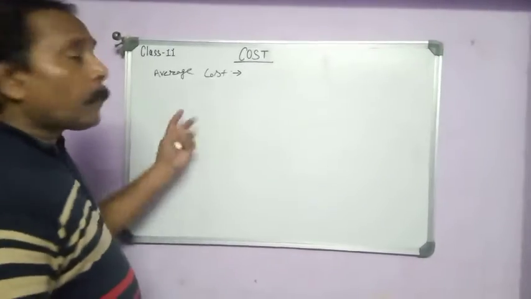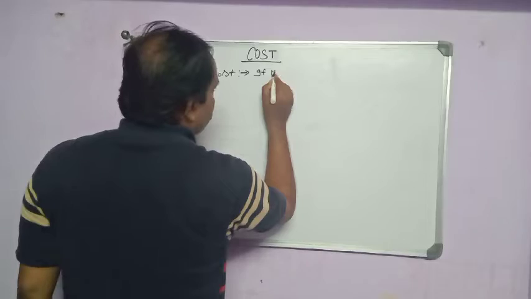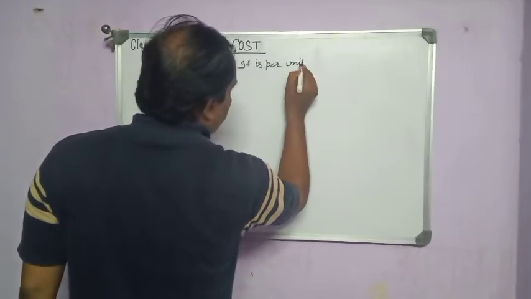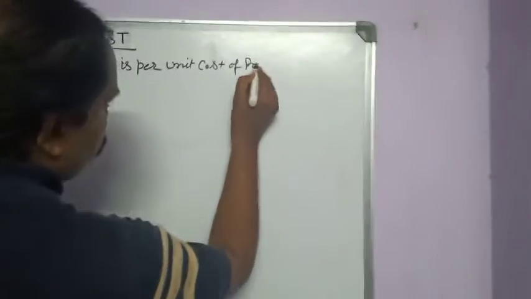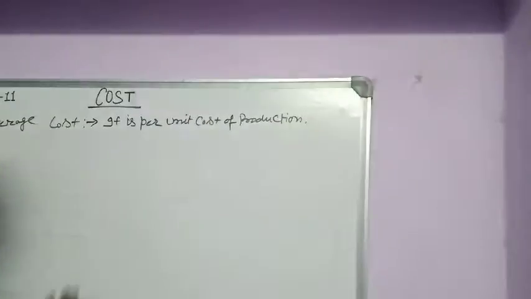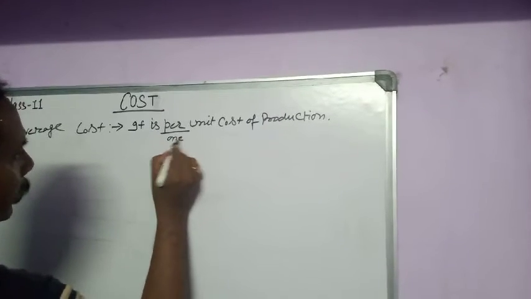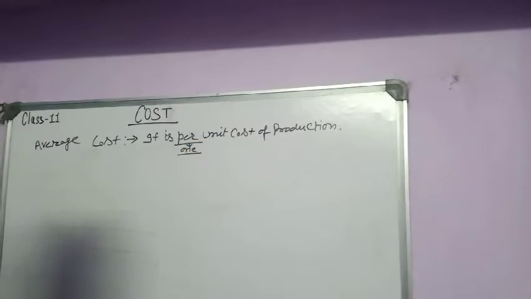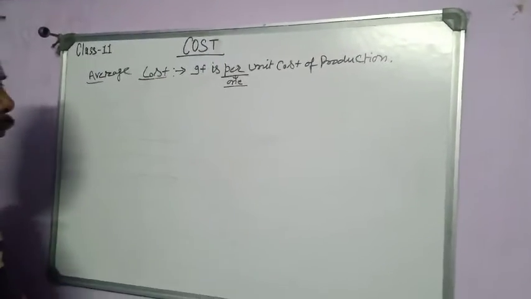So in the form of definition we can say it is the per unit cost of production. It is the per unit. This is the most important. Per means 1. Clear? So what is the 1 unit cost of production, and that is known as average cost.